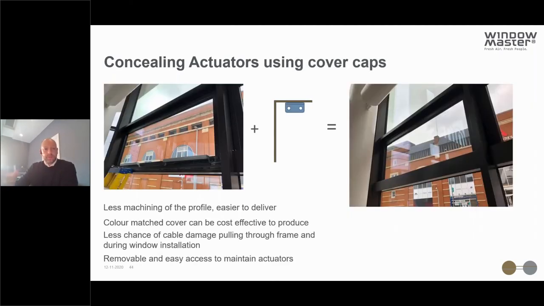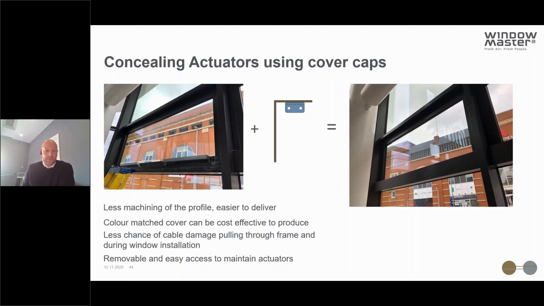The other option to concealing actuators is using cover caps. And actually, quite often, this is a really nice, cost-effective solution. So you can see the picture on the left there, that's a pair of actuators mounted on the window. They've not been color matched, and that's because they've got this really nice, neat L-shaped cover cap, which fits over the actuators.